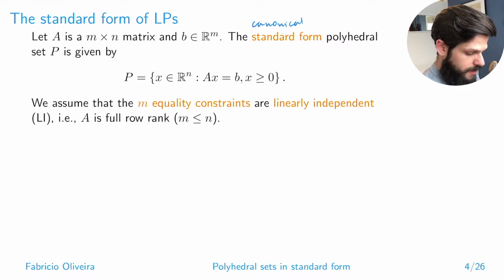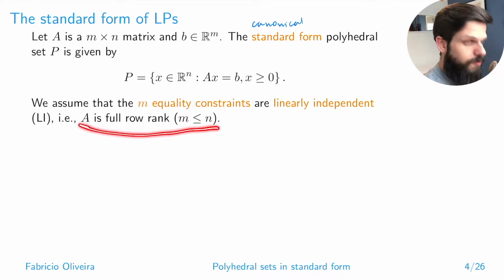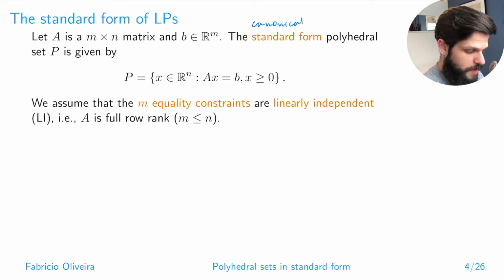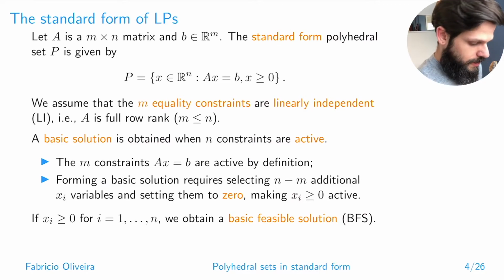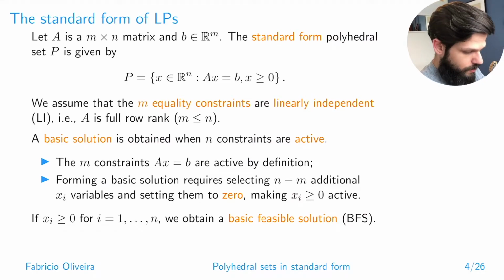Because A is an m by n matrix, we are assuming that A is full row rank, so it has as its rank the same number of rows.